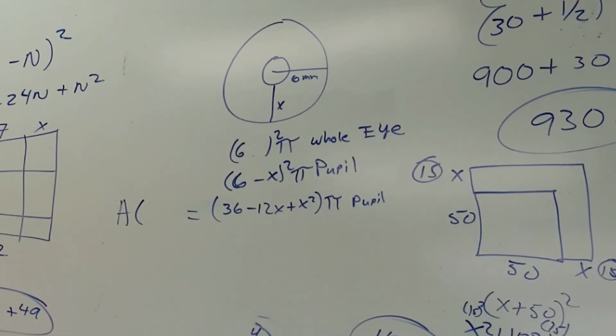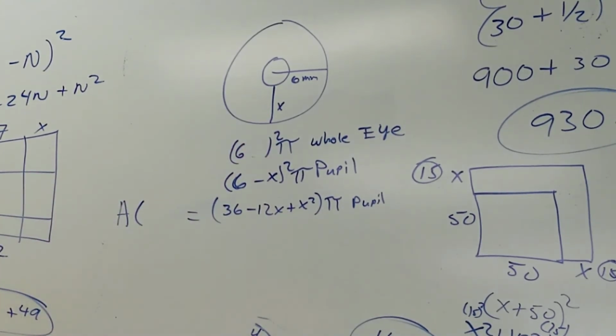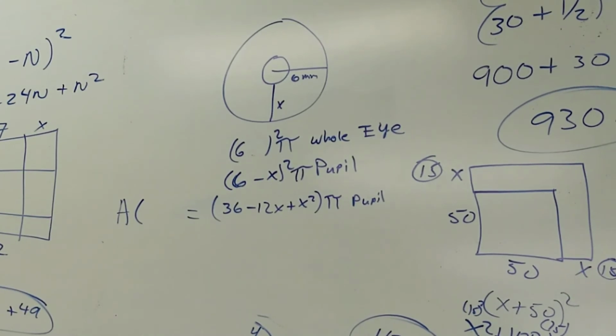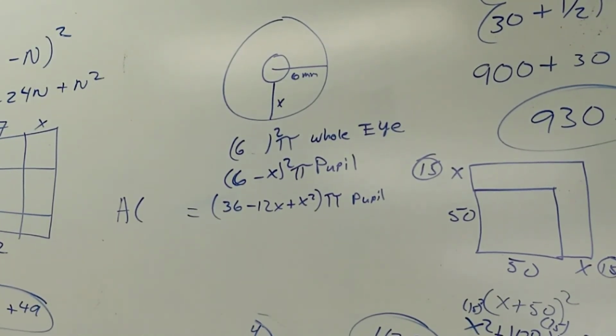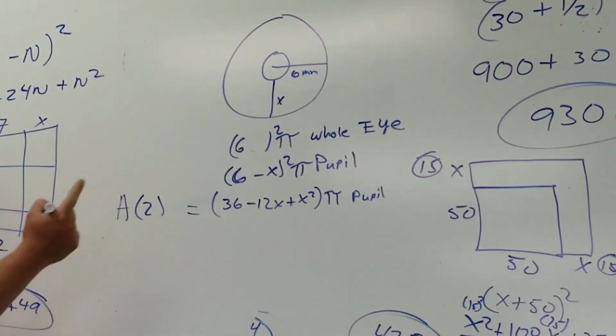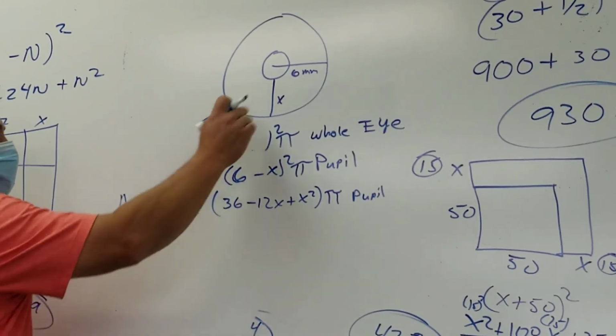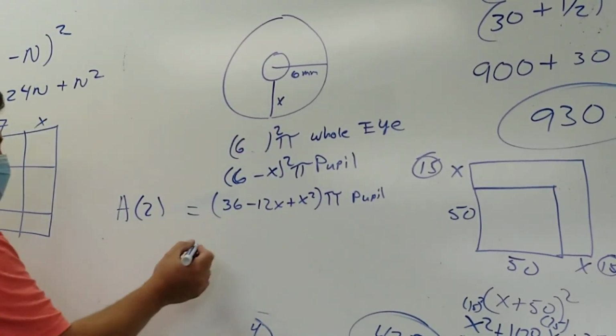What's the value of x? 2, right? So I'm going to put A of 2. That means my pupil is bigger, right?